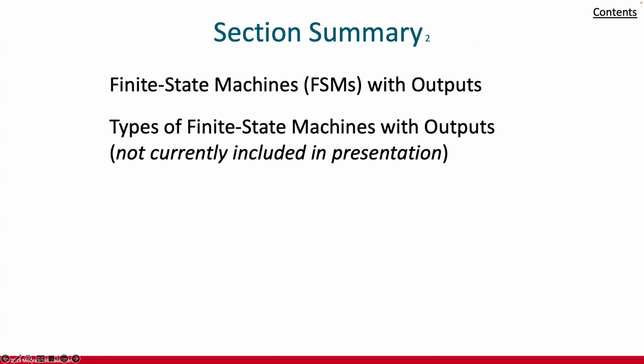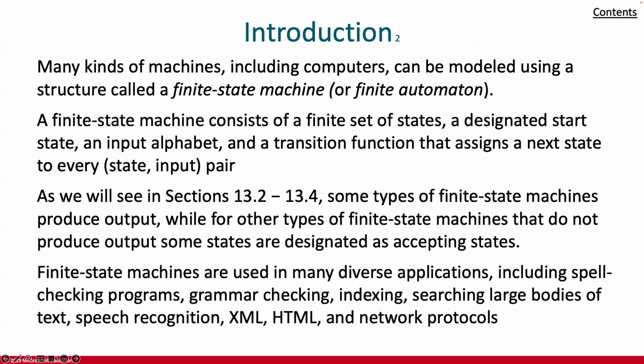In this section, we will study those finite state machines that produce output. We will show how finite state machines can be used to model a vending machine, a machine that delays input, a machine that adds integers, and a machine that determines whether a bit string contains a specified pattern.